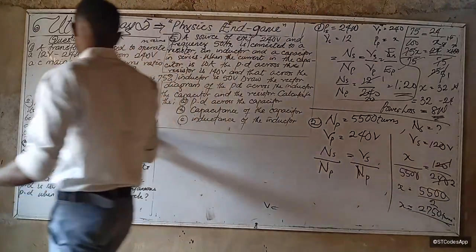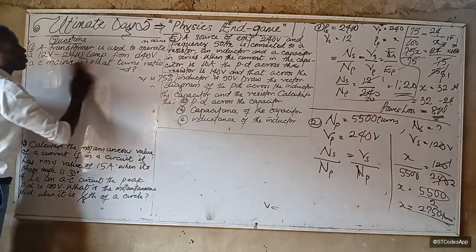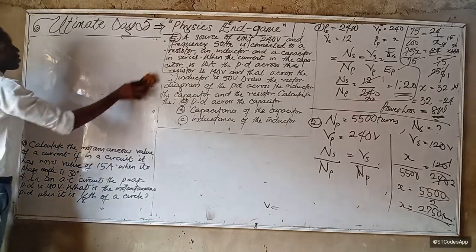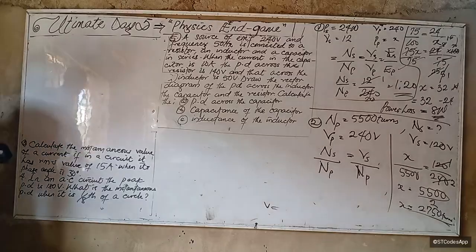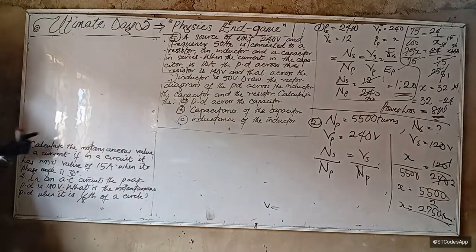Alright, let's solve number 3 together. Number 3 says calculate the instantaneous value of a current.